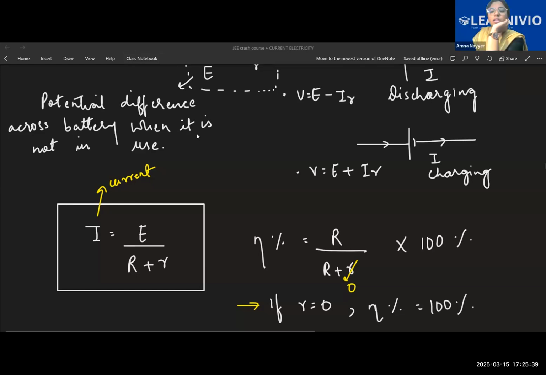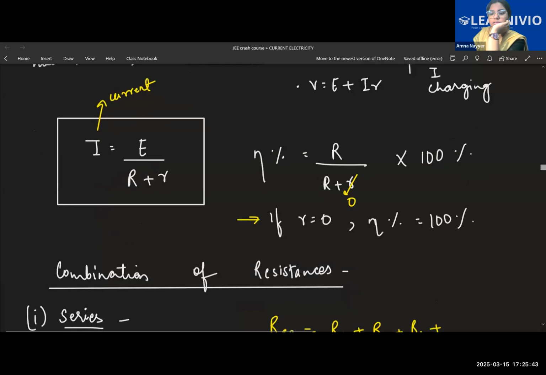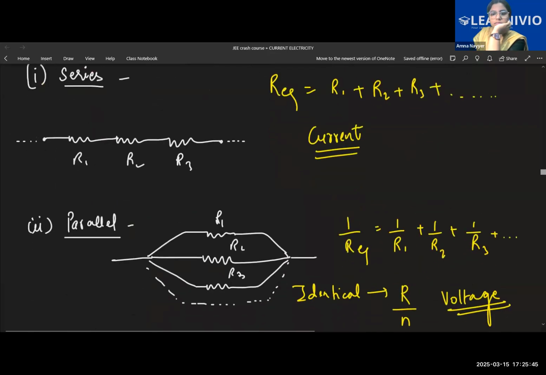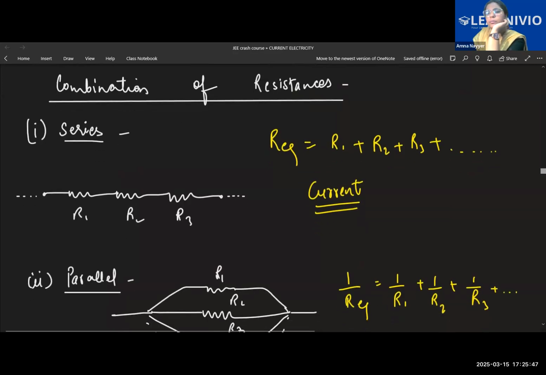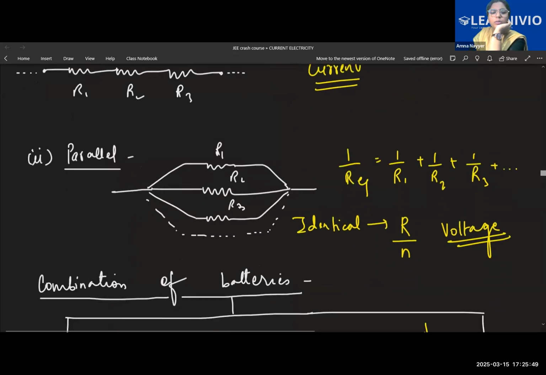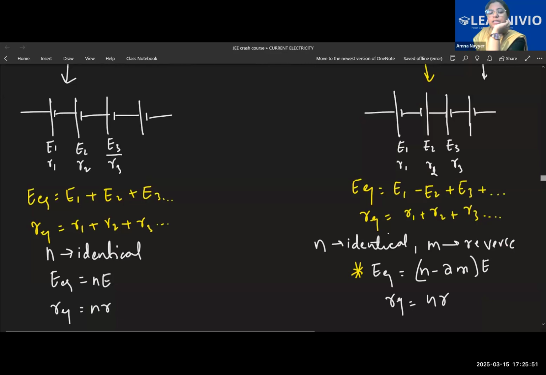Done. Should I scroll it? Yes, ma'am. This you already know, combination of resistances, so no need to write this. From combination of batteries, just write down this identical part, identical and reversed part. This is used, so some direct questions have come that you will be able to manage. Then I'll start with Wheatstone.